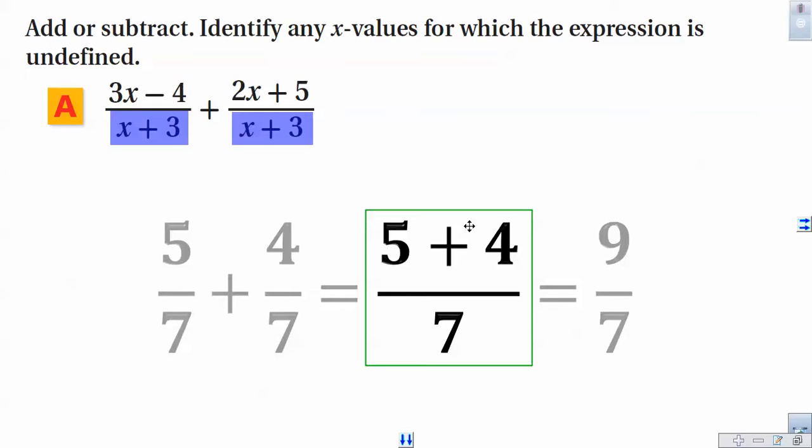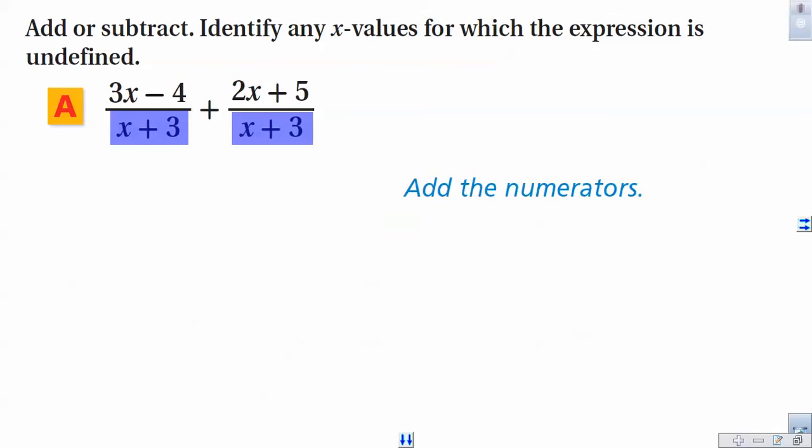So what you see right here, we're going to put into play with these rational expressions. We're going to add the numerators, just like this. That's the move you were seeing earlier where we were writing it as one fraction with the two numerators separated with the plus sign. So here we take 3x minus 4 and add 2x plus 5.